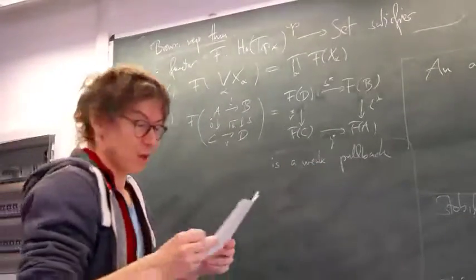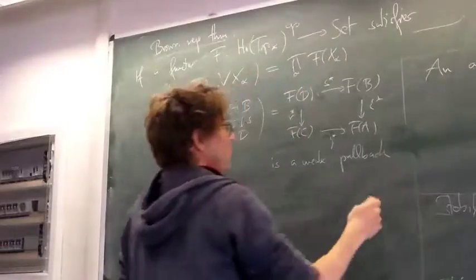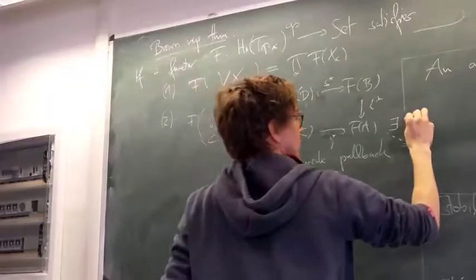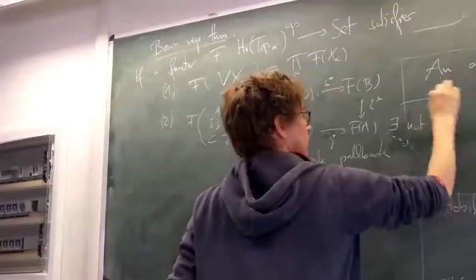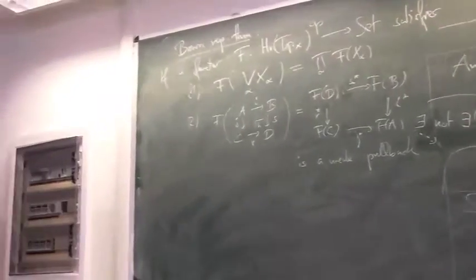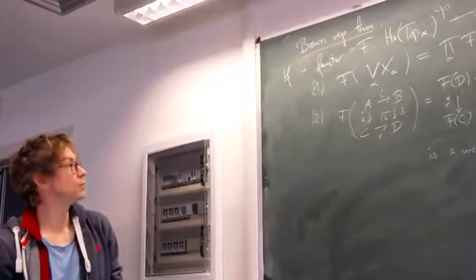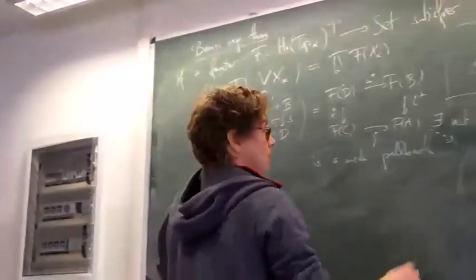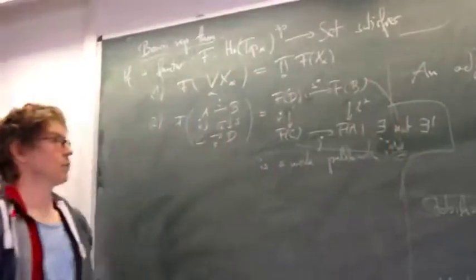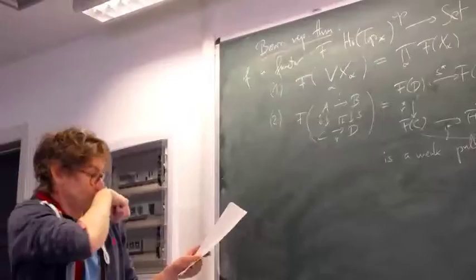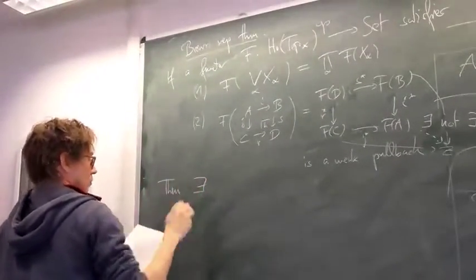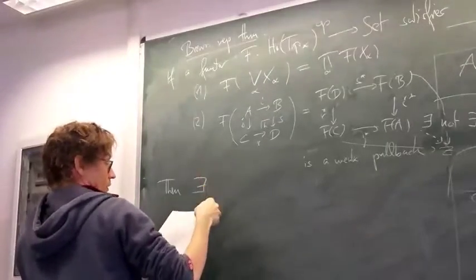That means I have the pullback property, but just with existence, but not uniqueness. Then this functor is represented.